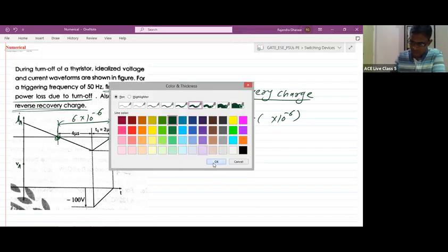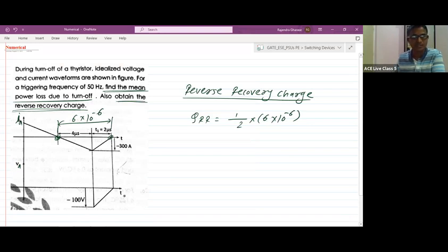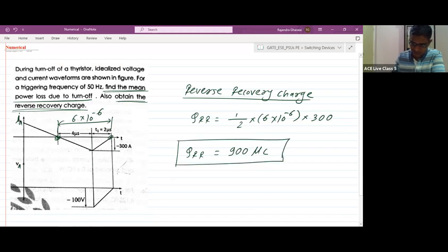So this is 6 into 10 to the power minus 6, into this height, 300. So if you check, it is equal to 3 into 3, so that will be 900 microcoulomb. This is the QRR. Is this clear? Reverse recovery charge QRR is 900 microcoulomb, right?